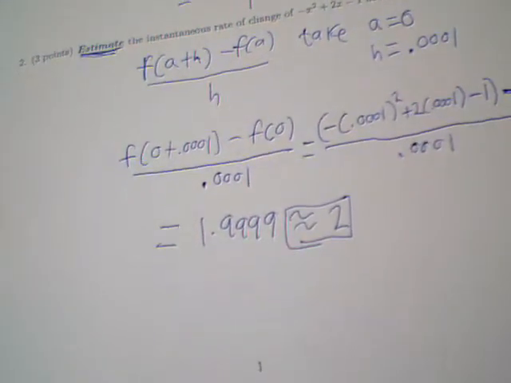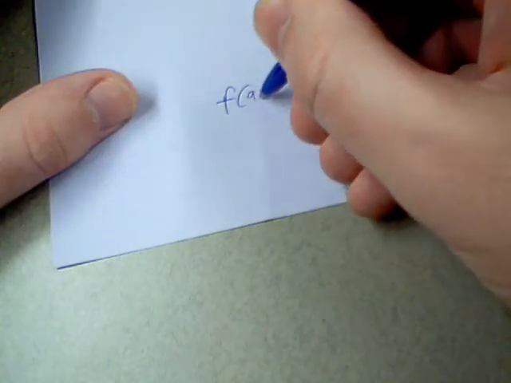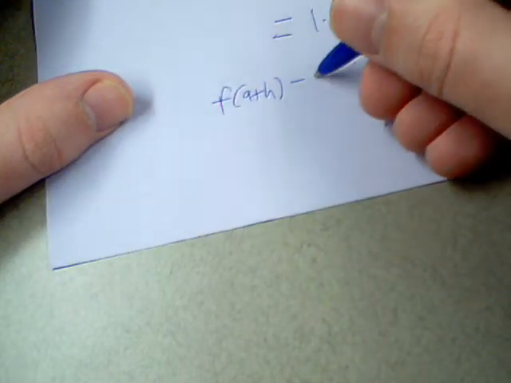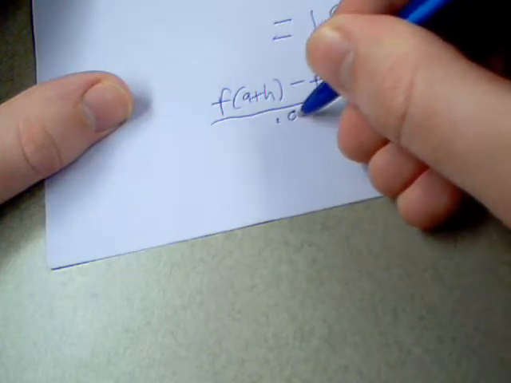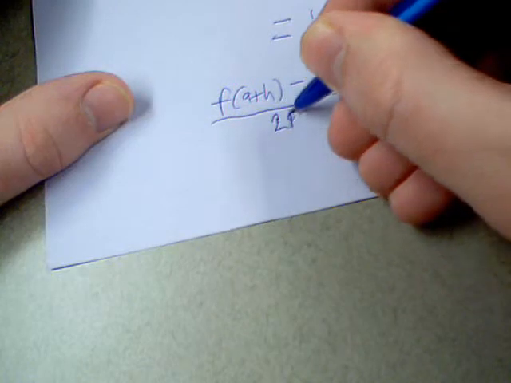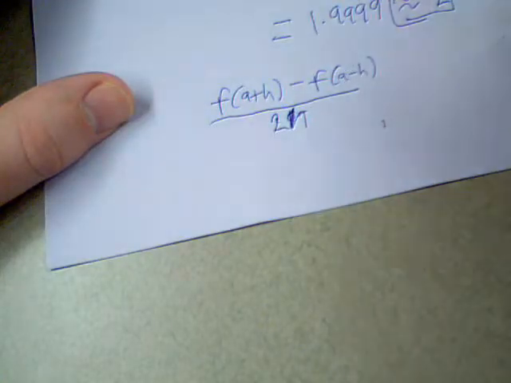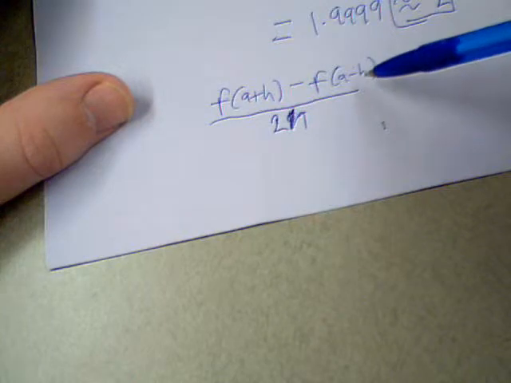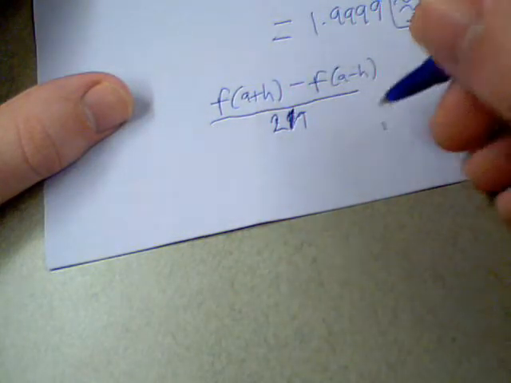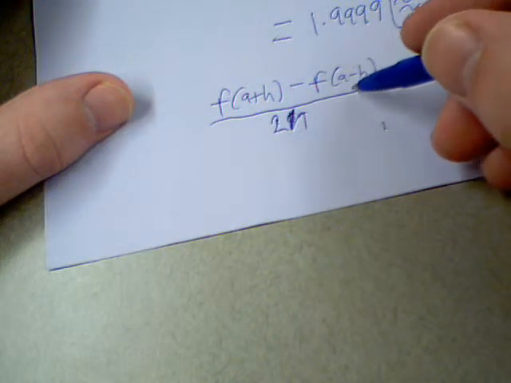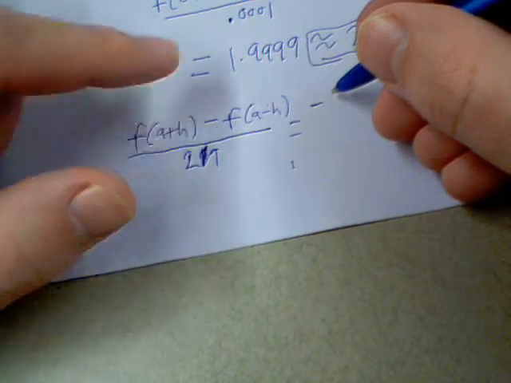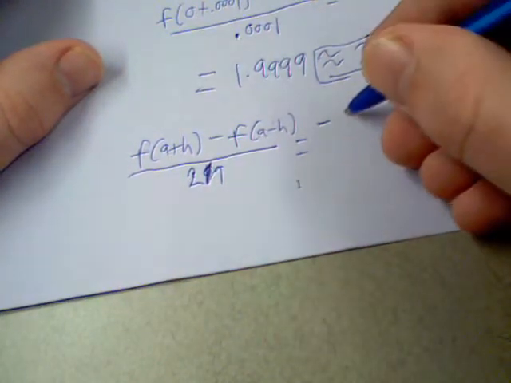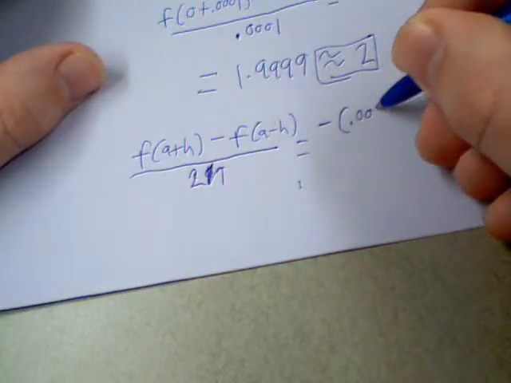There was also another formula that could have been used. This guy. I saw this in a couple quizzes. Right, so f of a plus h minus f of a minus h over 2h. Right? And this actually, I believe, once you plug this into your calculators, you end up with, well, a plus h and a minus h. You're just going to get 0 plus 0.0001. So you get this guy.